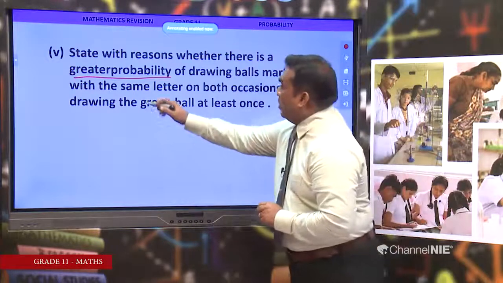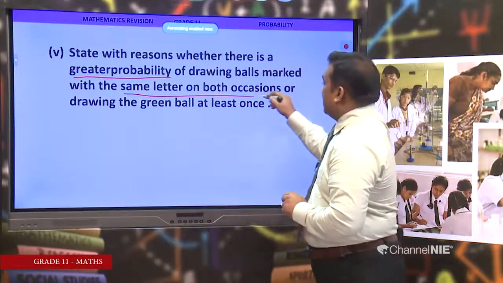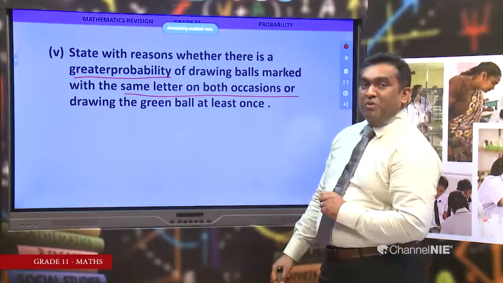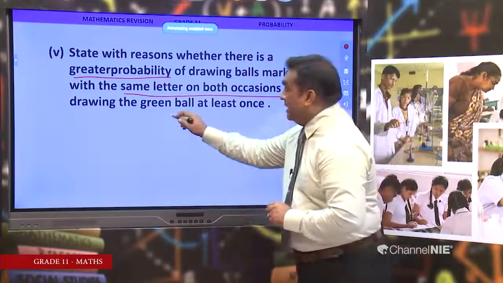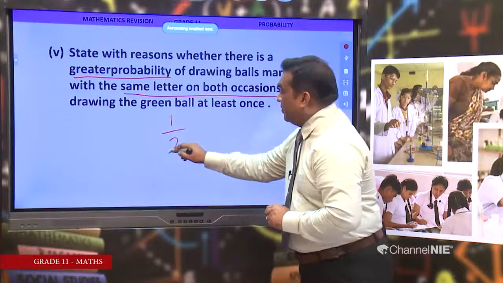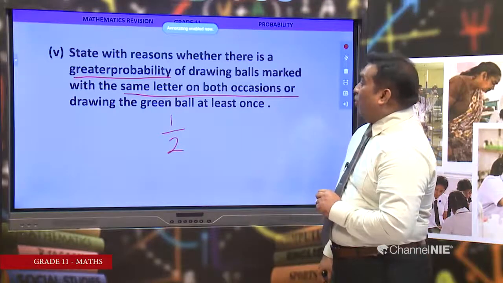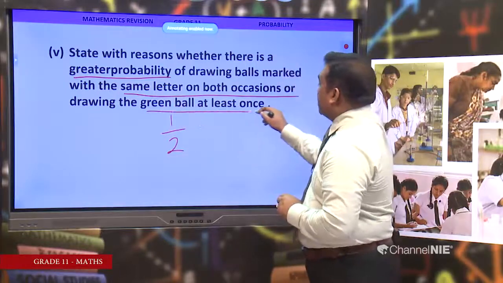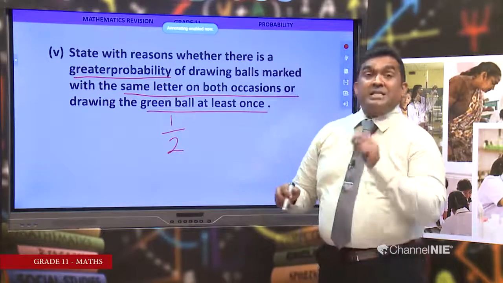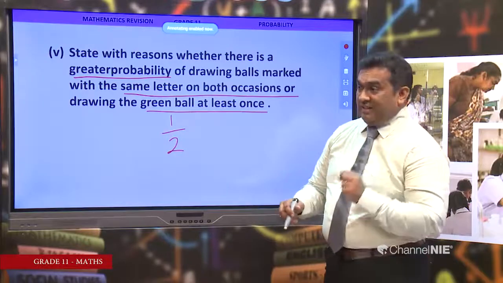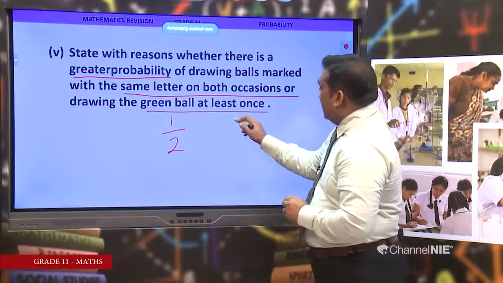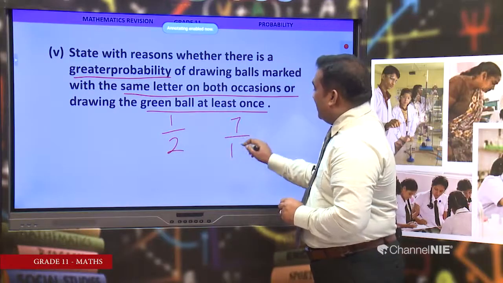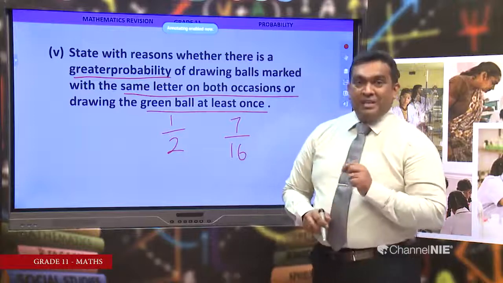Same letter. What is the probability there? Probability is half. Or drawing the green ball at least once. Can you remember? That was 7 over 16. Now what is your greater fraction?